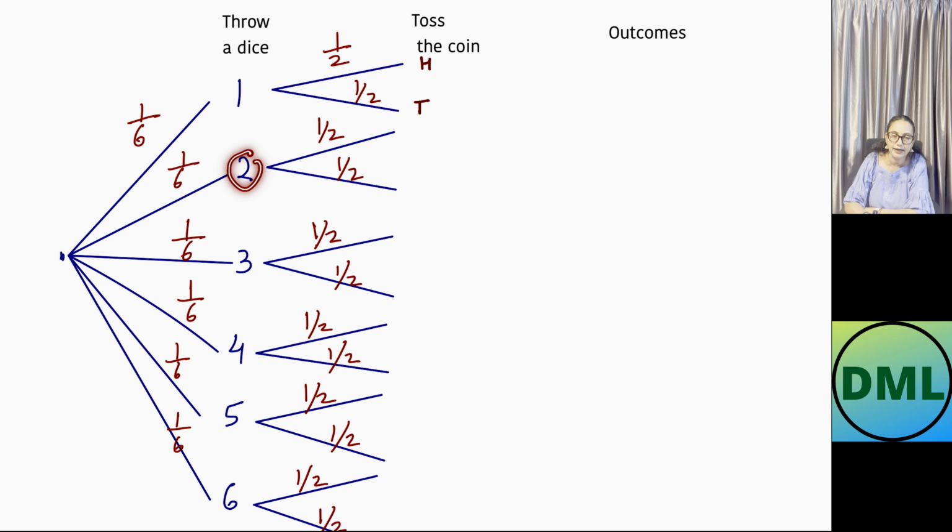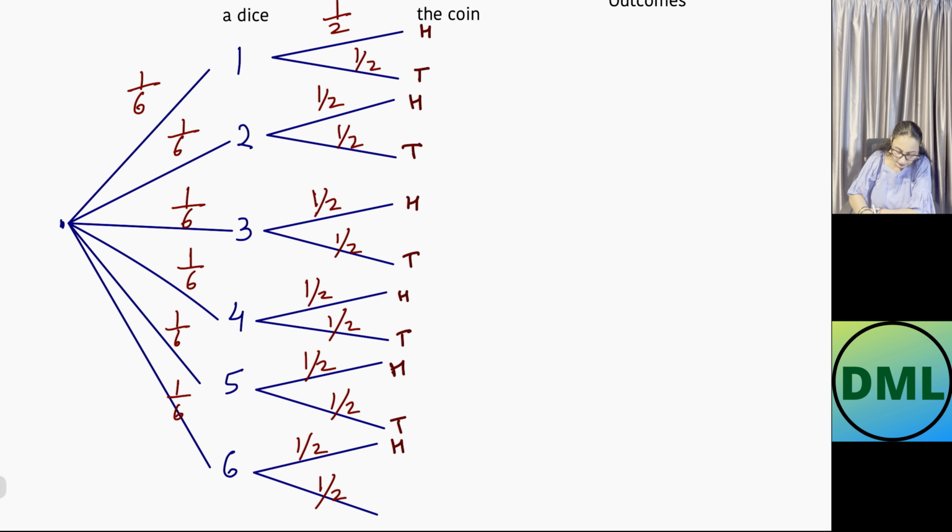If the die lands on 2, my coin options are again head or tail, and similarly for each of the other numbers. The probability of getting either head or tail is 1 by 2, so I have written 1 by 2 on every branch.